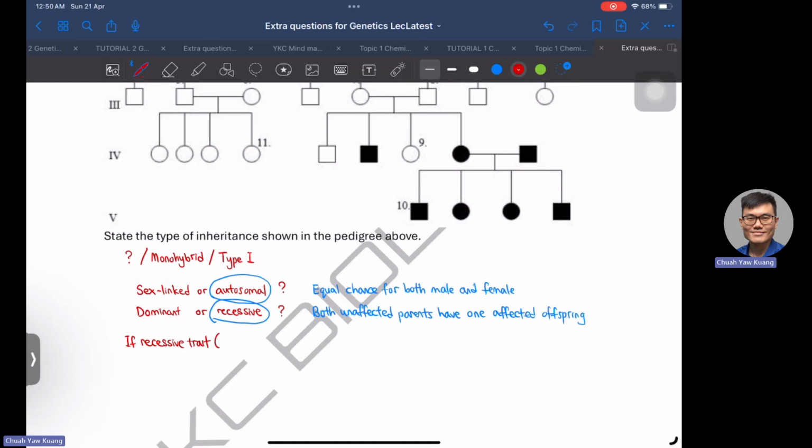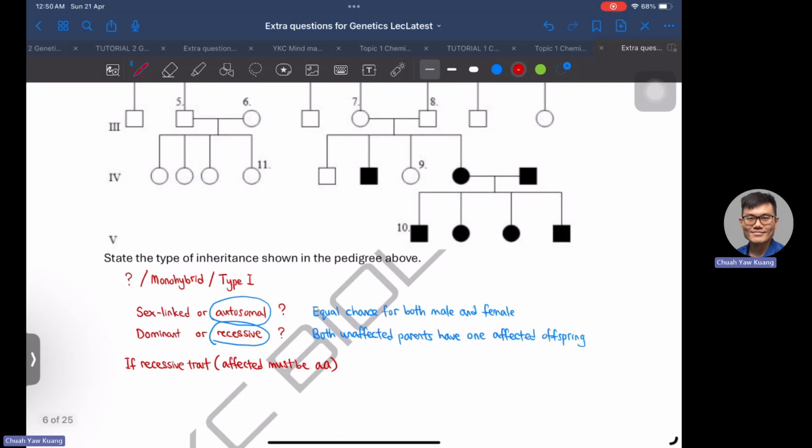That means that if the individual is affected, the affected one must be homozygous recessive.